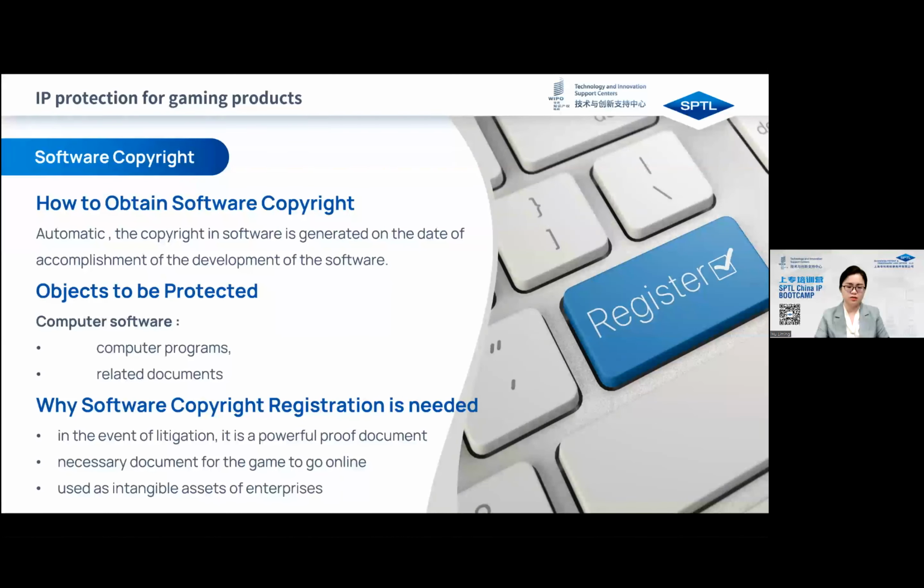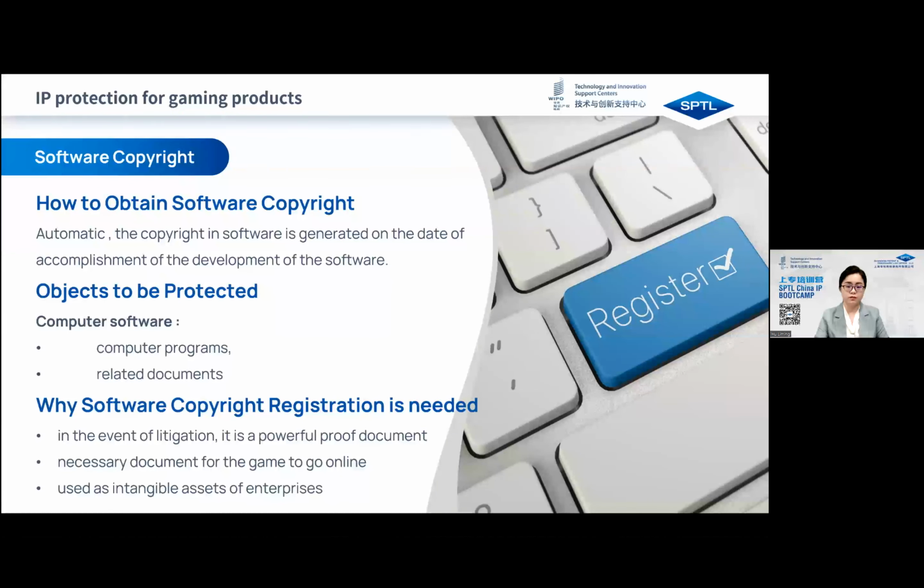So another question is that in China, since the copyright in software can be obtained automatically, why do we need to register the software copyright? There could be the following reasons. The first one is that after you finish the registration procedure of the software, you may get a software copyright certificate.